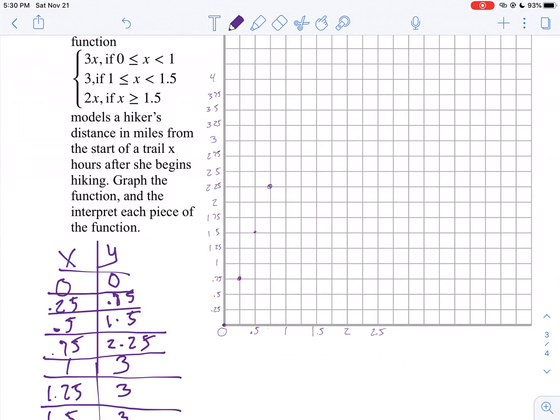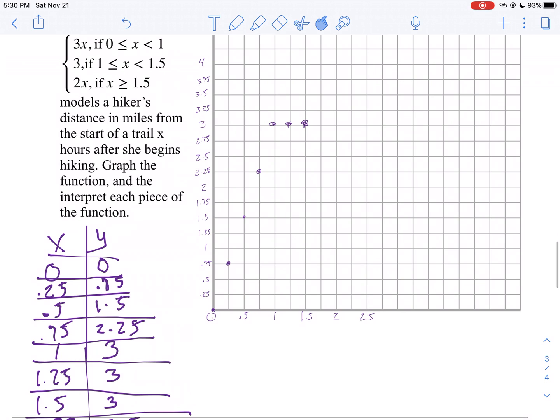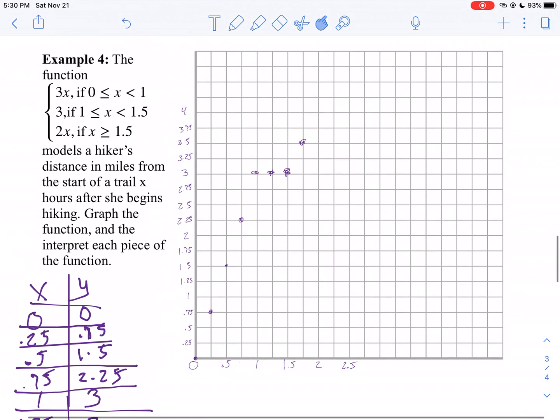And then when I'm at 1, I'm at 3. When I'm at 1.25, I'm also at 3. When I'm at 1.5, I'm also at 3. And then when I'm at 1.75, I'm up at 3.5. When I'm at 2, I'm at 4.